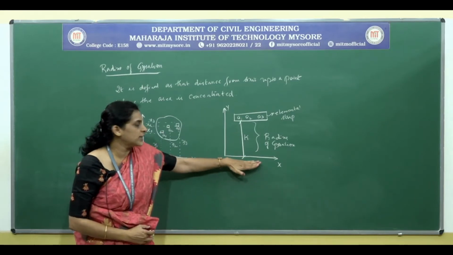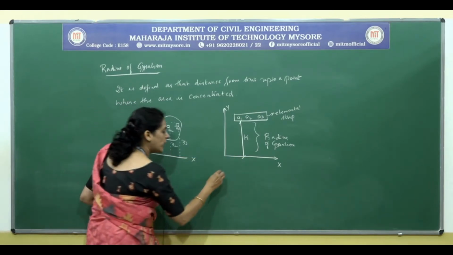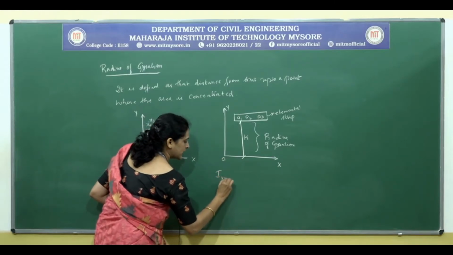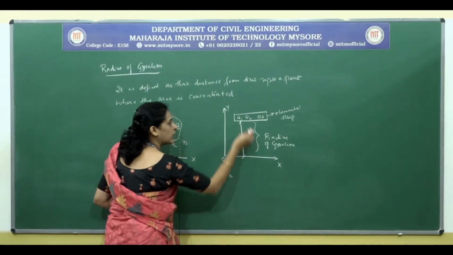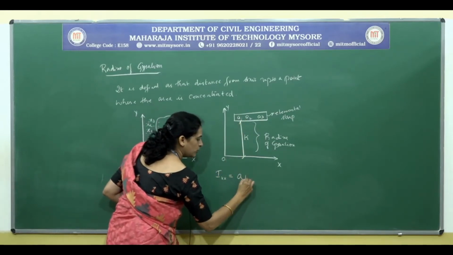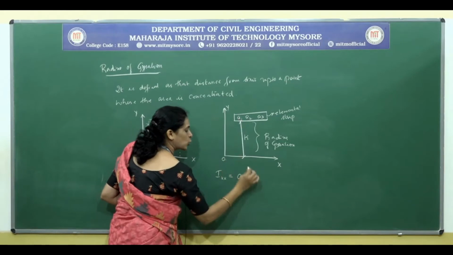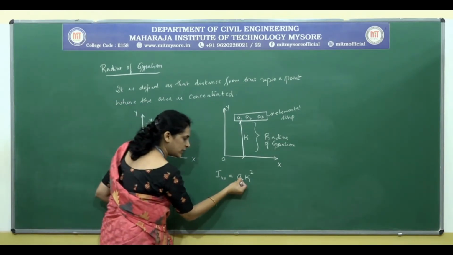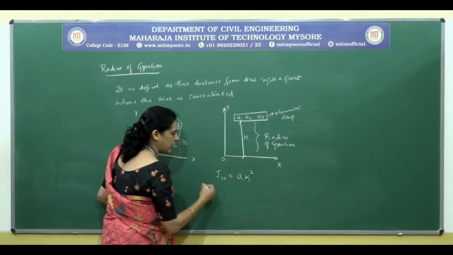So, as per this diagram, we write the moment of inertia as Ixx is equal to the area into the square of the distance. But all we have written here is about one area.